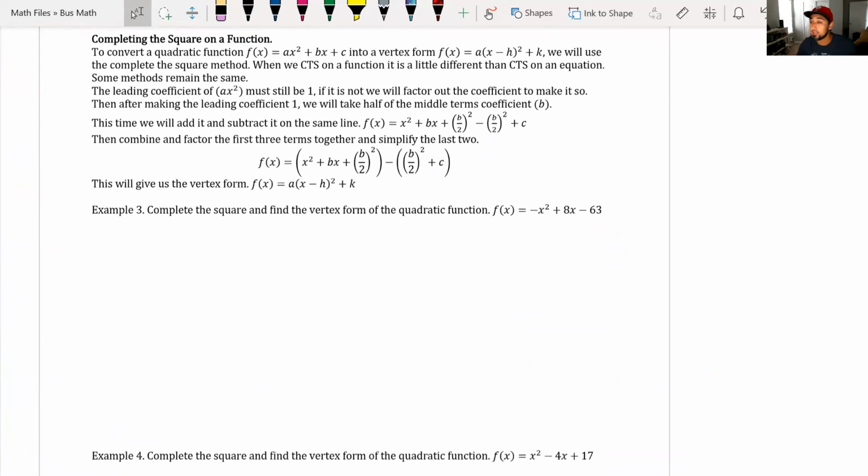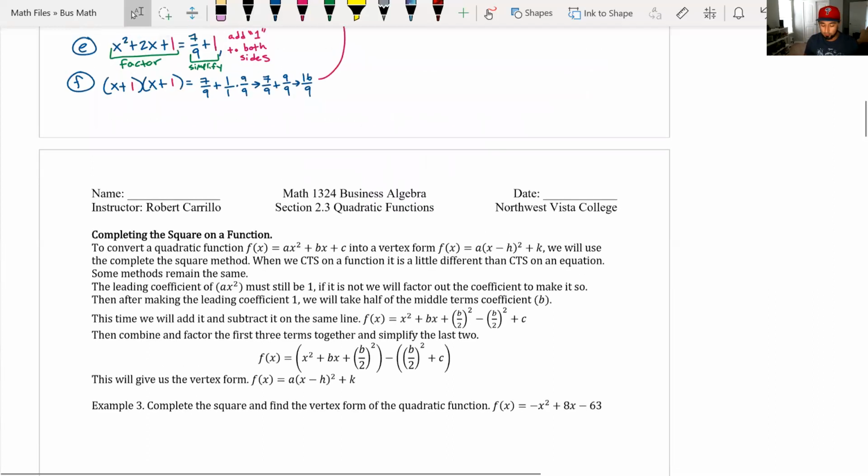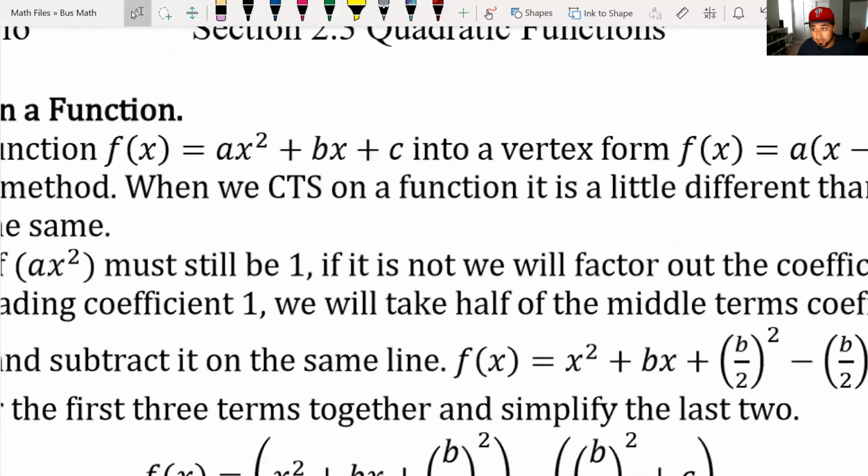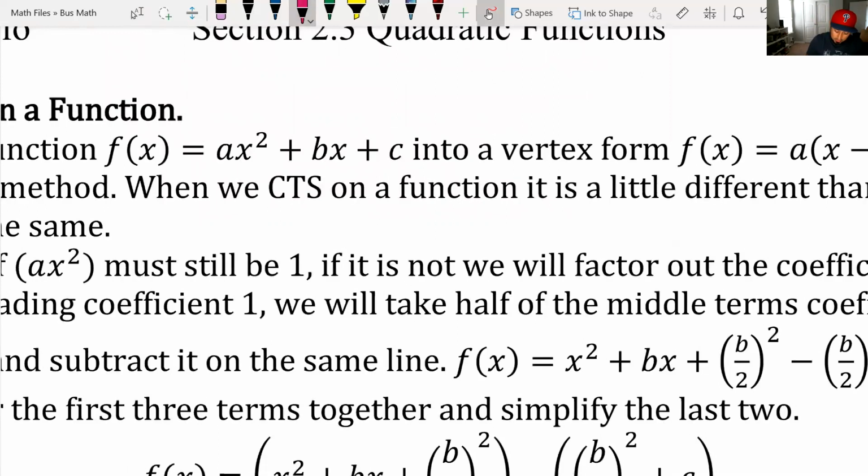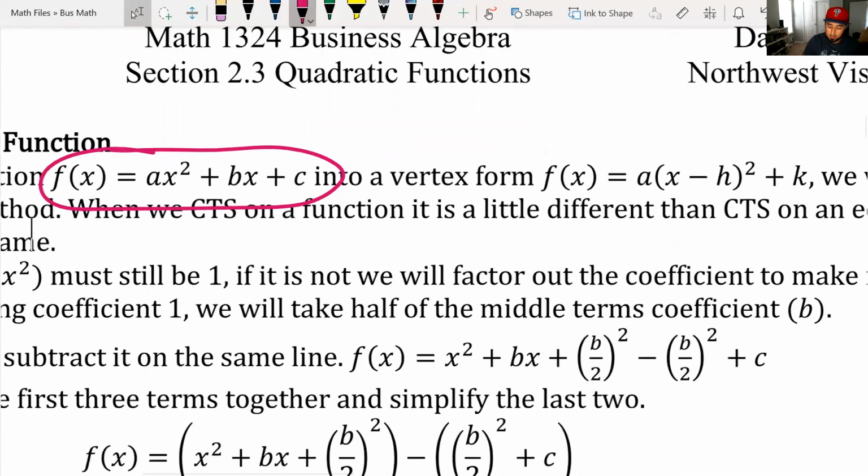Next is completing the square on a function, which is gonna be a little different. So only a slight step in the process has changed. So our goal is, if we're given a function this time, not an equation, if we're given a function, so here's my quadratic function, our job is to turn it into a different looking function.